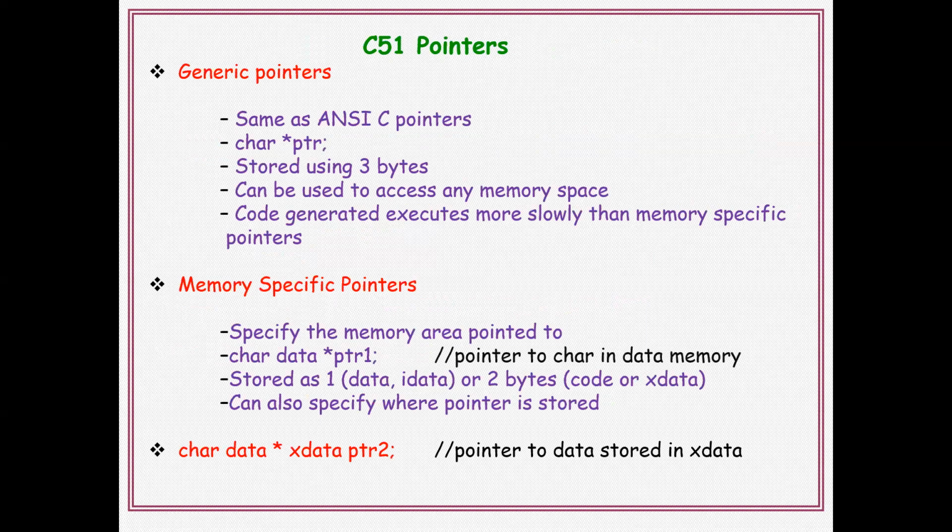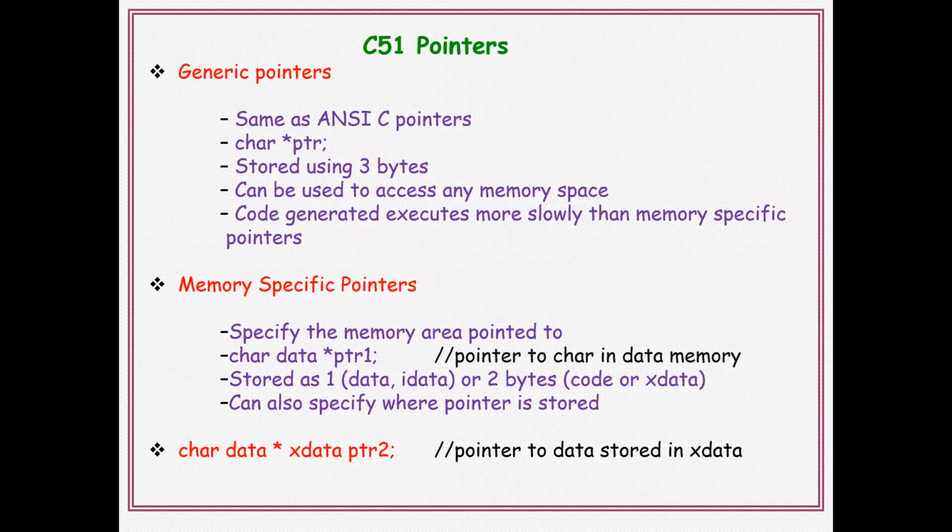And C51 pointers. First one is generic pointers, same as ANSI pointers, for example char *ptr declaration. Stored using 3 bytes, can be used to access any memory space. Code generated executes more slowly than with memory specific pointers.